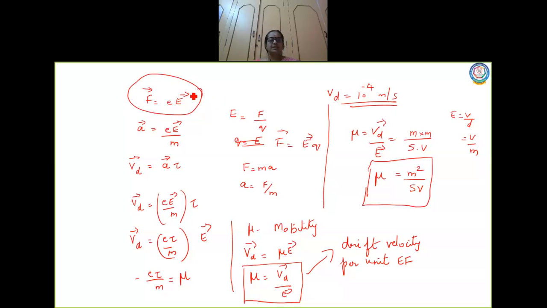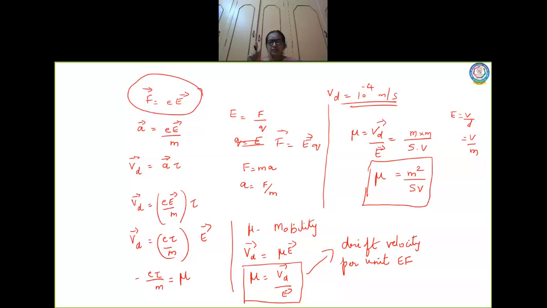The force experienced by an electron is given as F is equal to E into E, right? Now this process creates a propagating influence that travels through the wire at the speed of light. Now look at the explanation they have given.